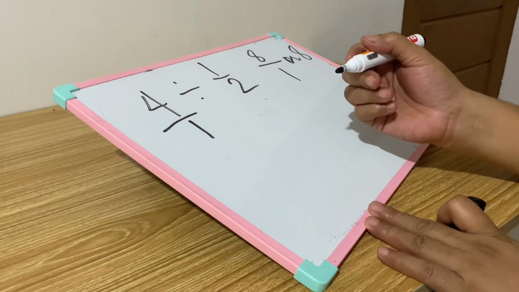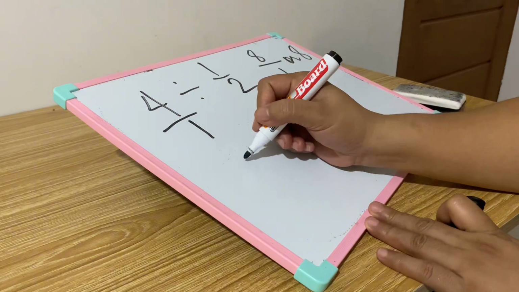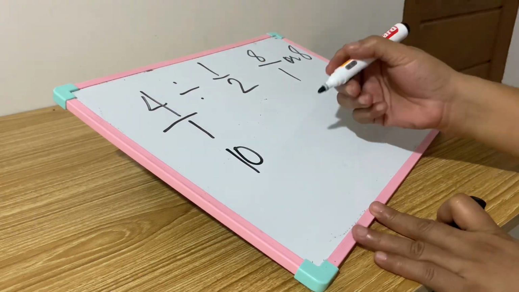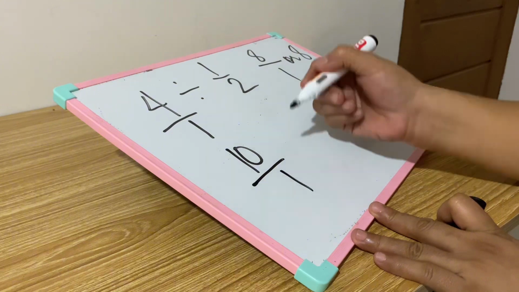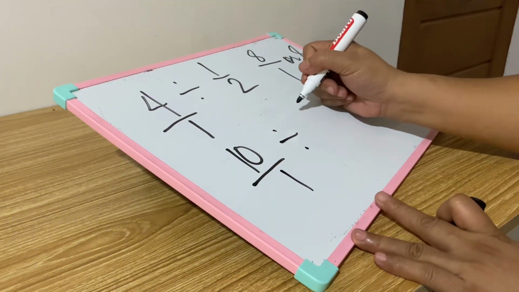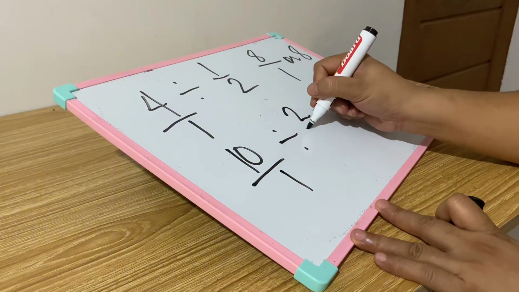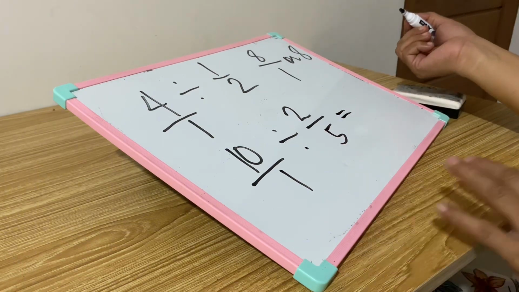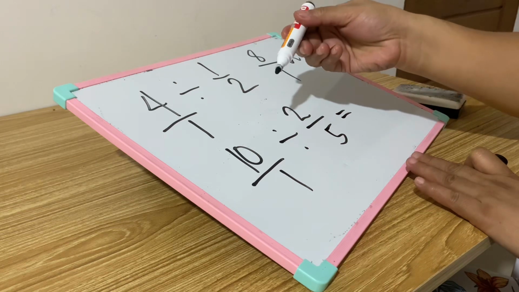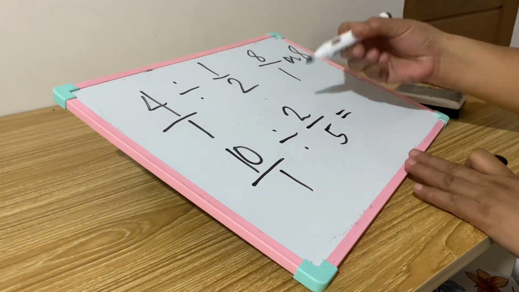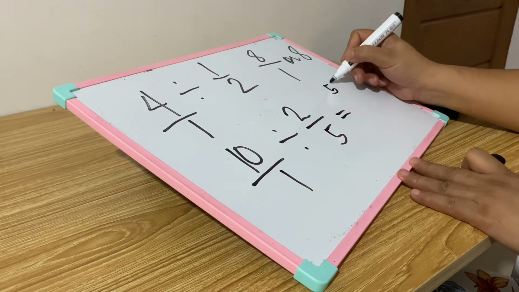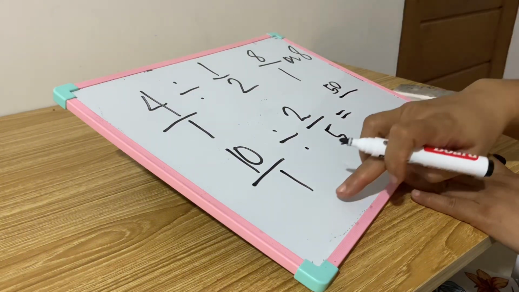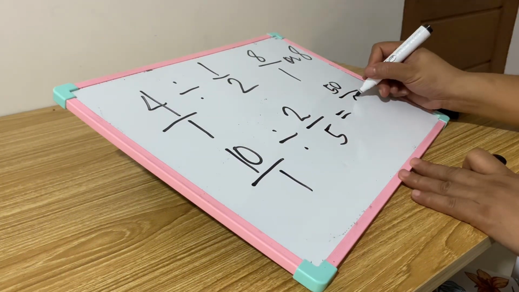Okay? Another example. Let's say 10 as the whole number becomes 10 over 1 divided by 2 fifths. So, let us cross multiply. 10 times 5 is 50 over 1 times 2 equals 2.